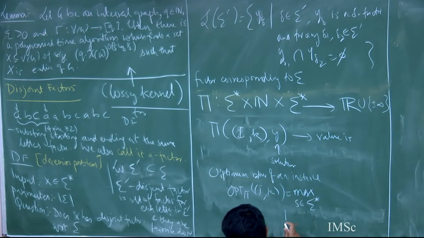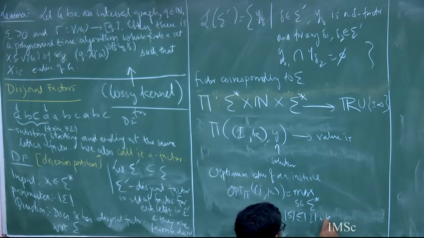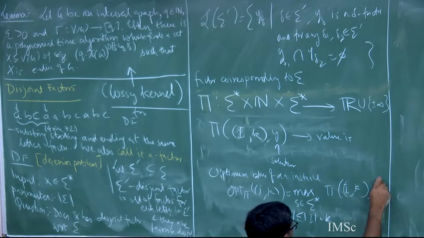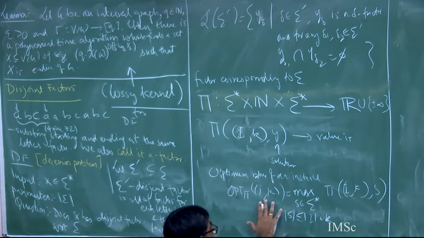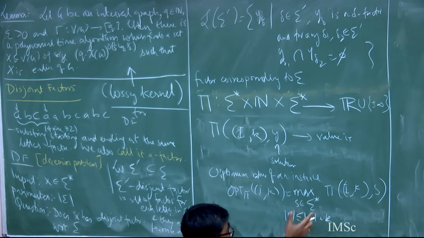I am not allowing the certificate to be unbounded, for feasibility reasons, so I can take it to be polynomial in I, it does not matter. So what is opt of an instance for a parameterized problem pi? I go over all solutions and I choose the one for which the pi value is maximized.